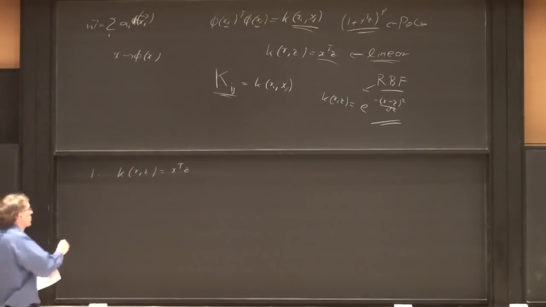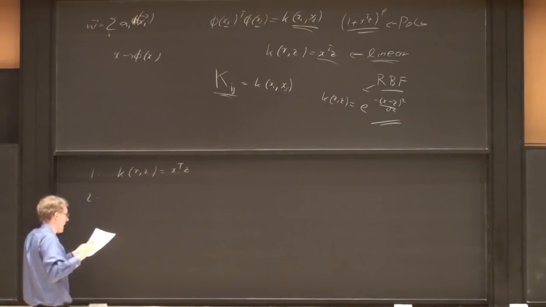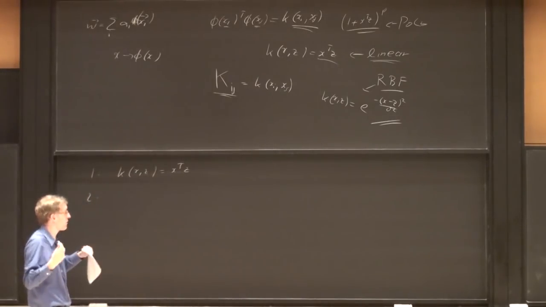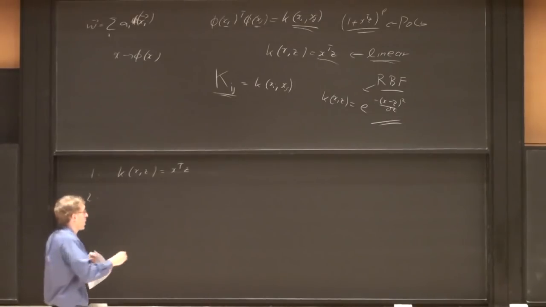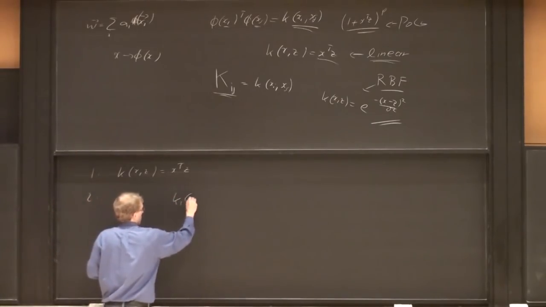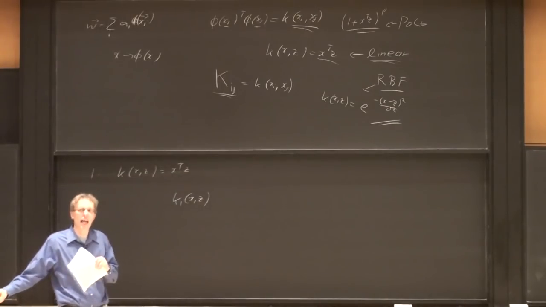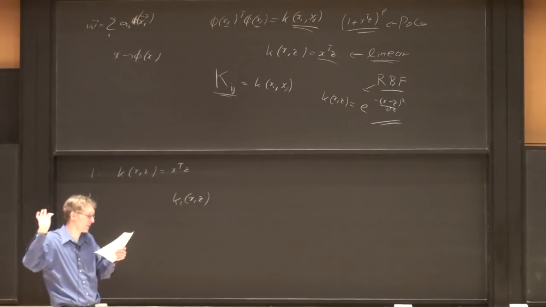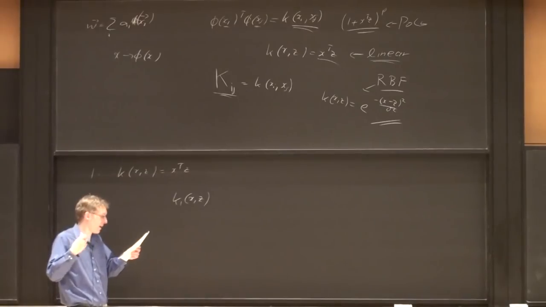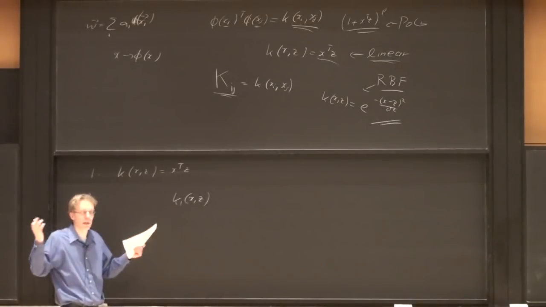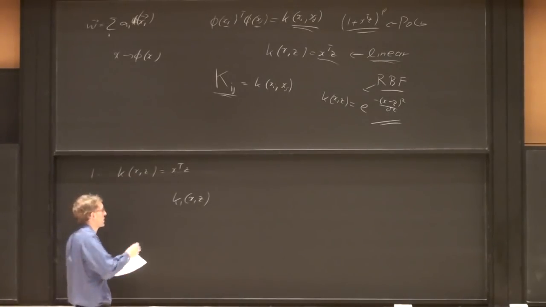The second one is more interesting. The second one says, if I have a kernel function k1 of x, z, and I multiply it by any constant that's non-negative. That's positive. Well, it can't be 0, but then you get a trivial case.